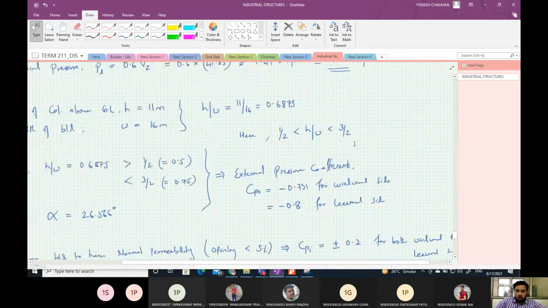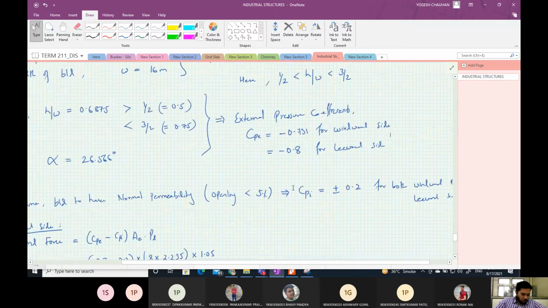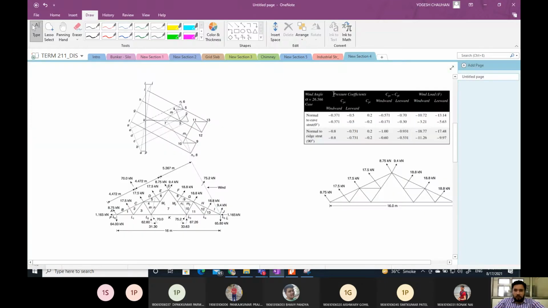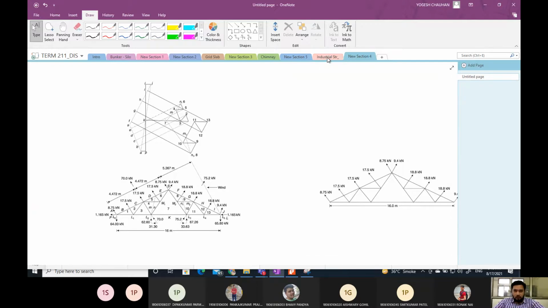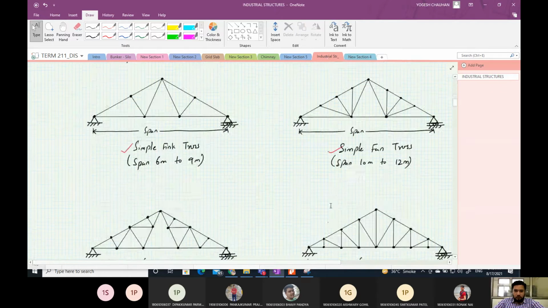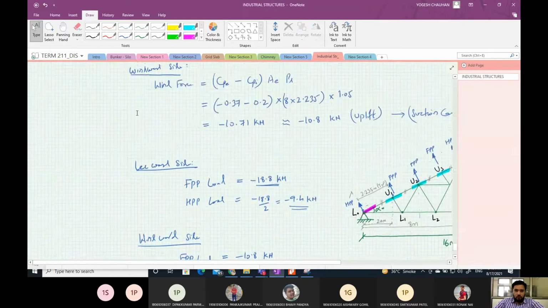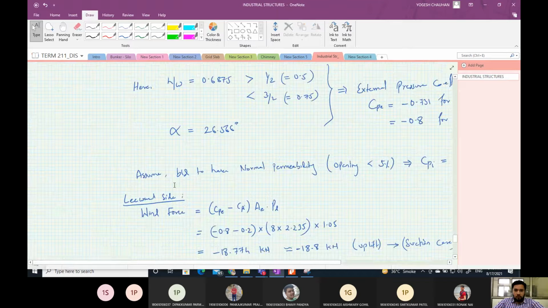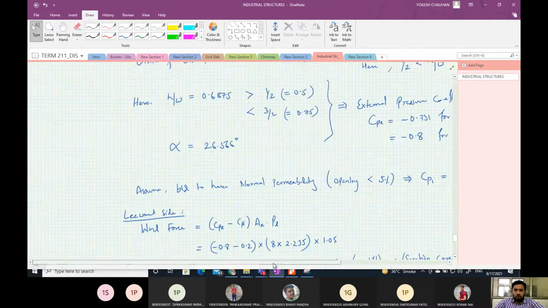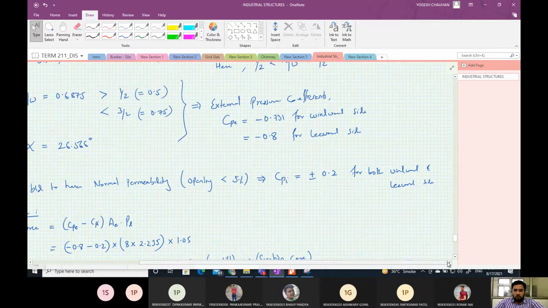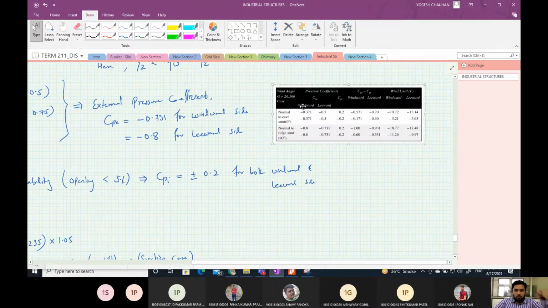And we can obtain this value by considering different wind, this table. In this table you will get this.